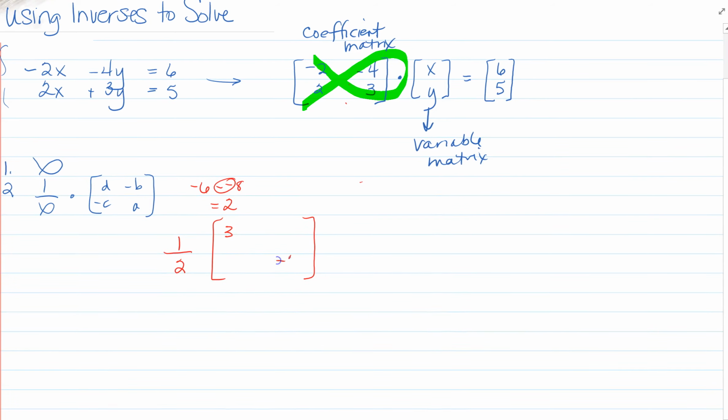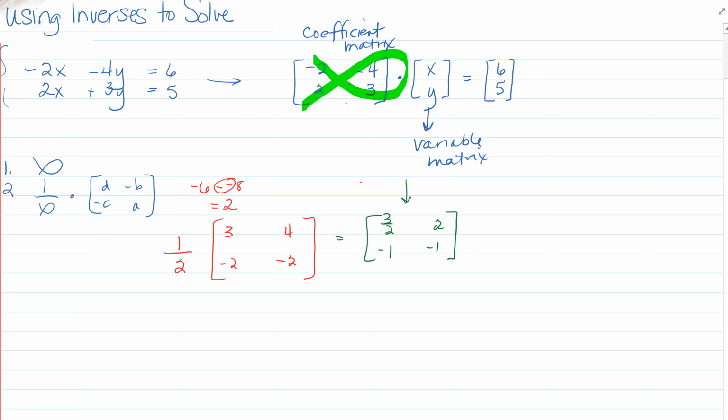This will be my 3, my -2, and then change the negative positive signs on the other combination. And now multiply. 1/2 times 3 is 3/2. 1/2 times 4 is 2. 1/2 times -2, that makes -1. 1/2 times -2 is -1 again. Now, here is my inverse.